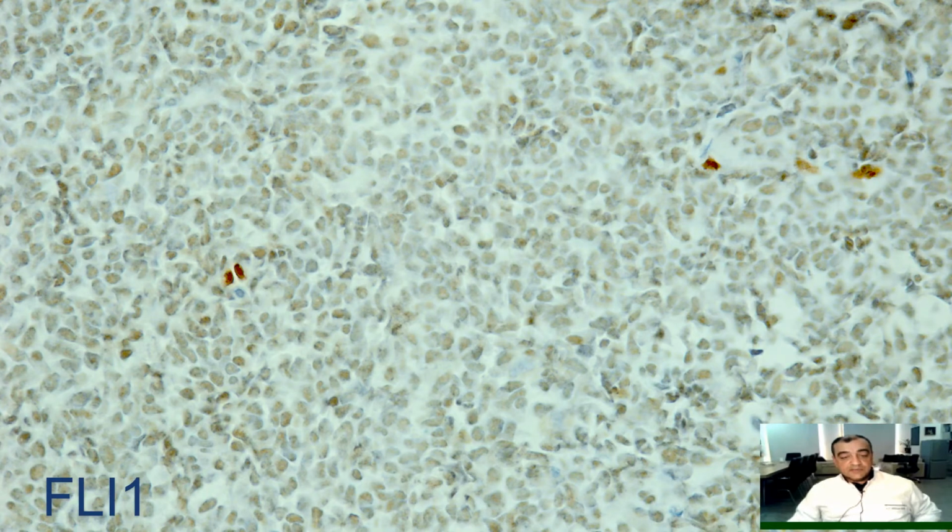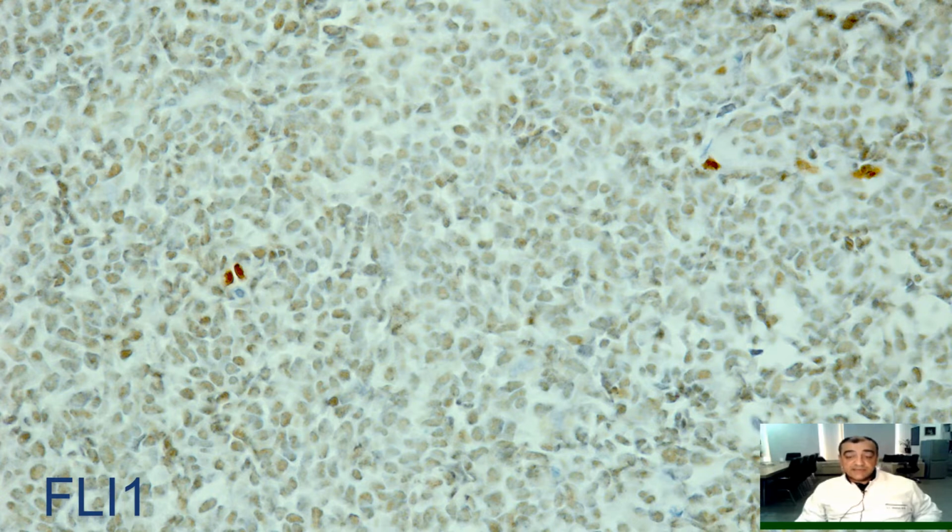Another important marker in this field is the FLI1 antibody. FLI1, Friend leukemia integration transcription factor, is a protein encoded by the proto-oncogene FLI1 and is normally expressed in endothelial cells, in hematopoietic cells, and of course in T lymphocytes.